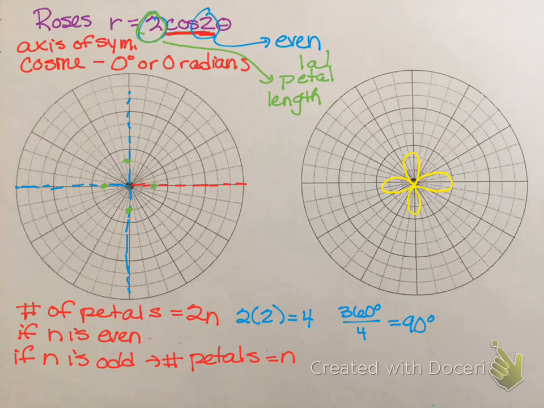So let's draw this 4-petaled rose over here. So there's the graph of 2 cosine 2 theta.